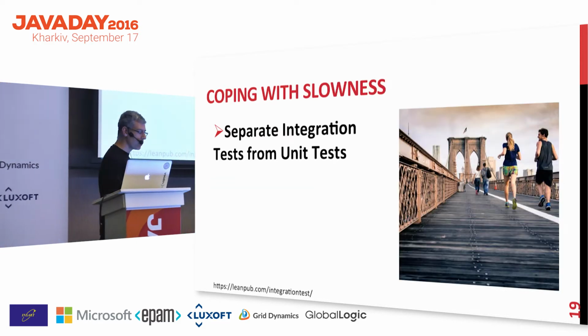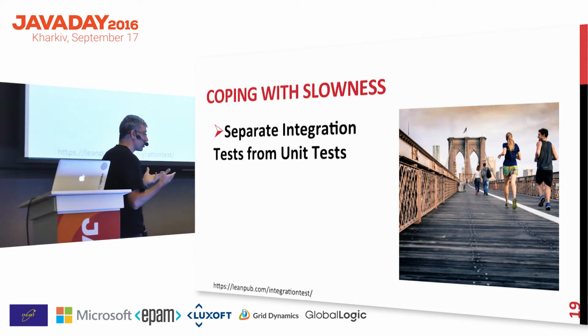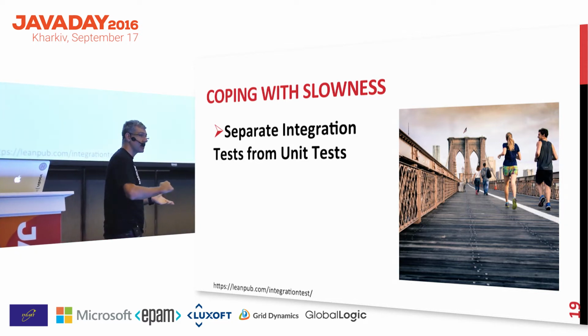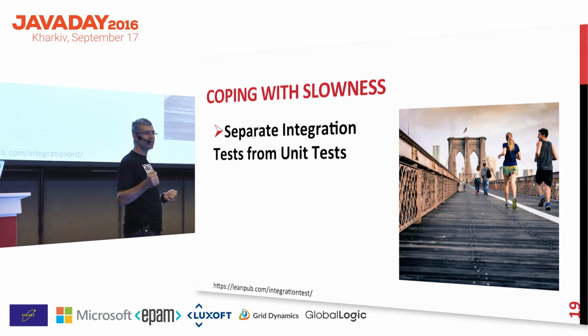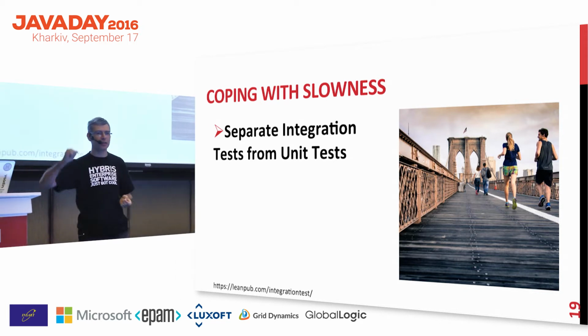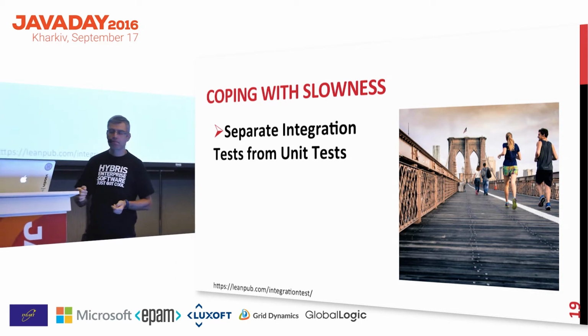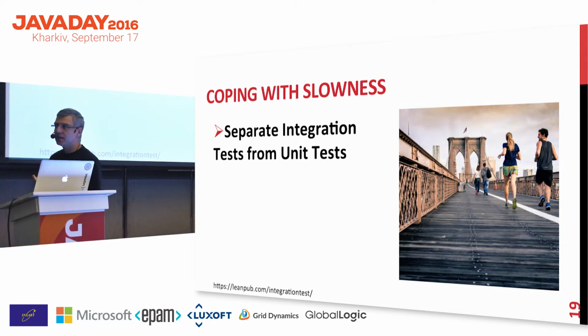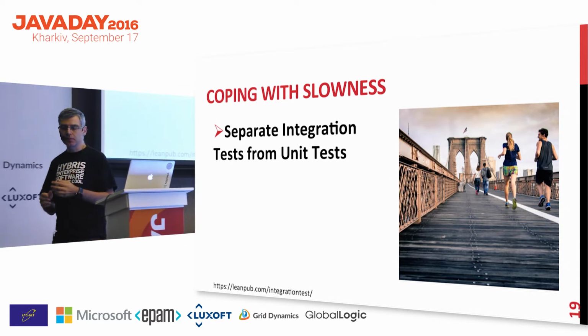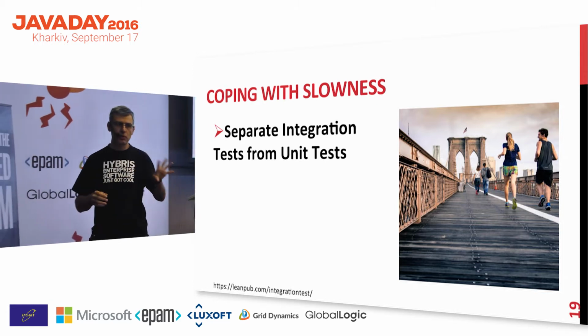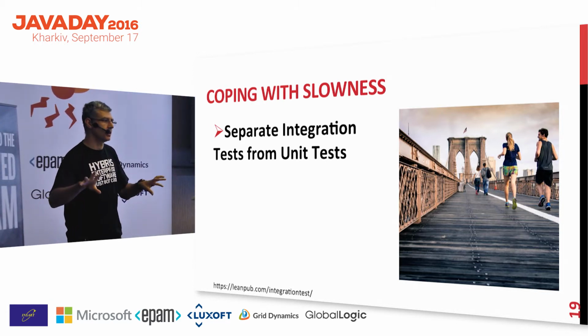So how do we cope with that? It's hard to cope because we cannot say, hey, Tomcat, start faster. We cannot say to the web service, hey, go faster, man. It's very hard.